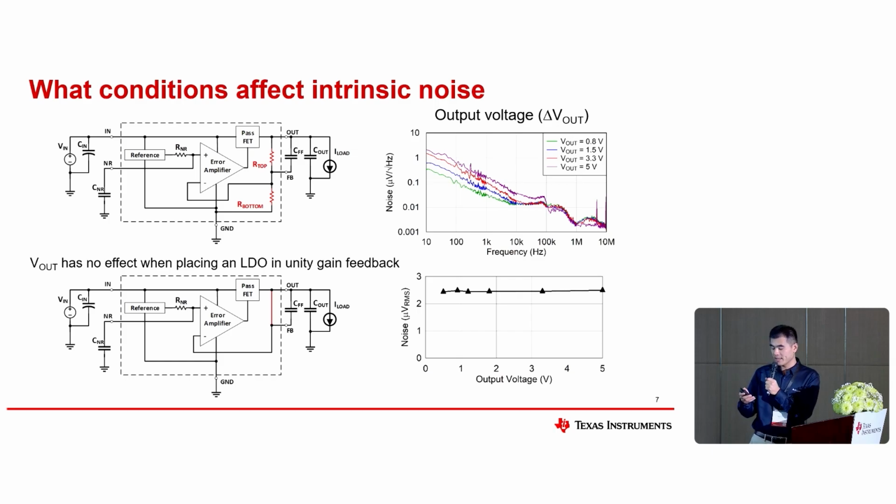That's why for some LDOs the reference is the same as the output. If the reference voltage is the same as the output voltage, there is no influence on the internal noise. This curve shows the feedback resistor, the different voltages, and with the external or internal feedback resistor, there is some influence on the noise.